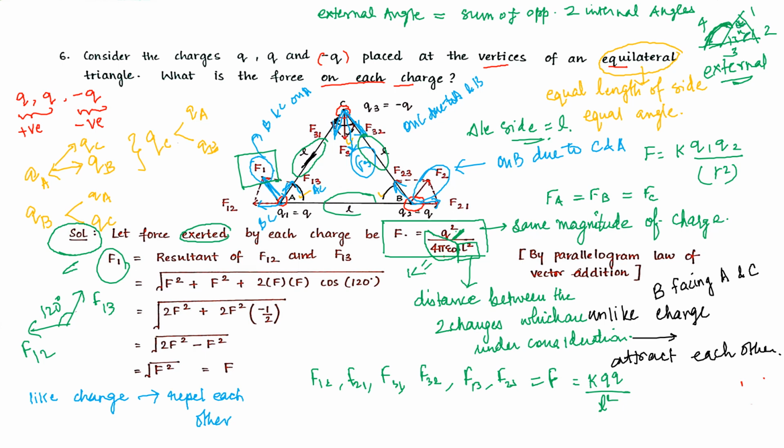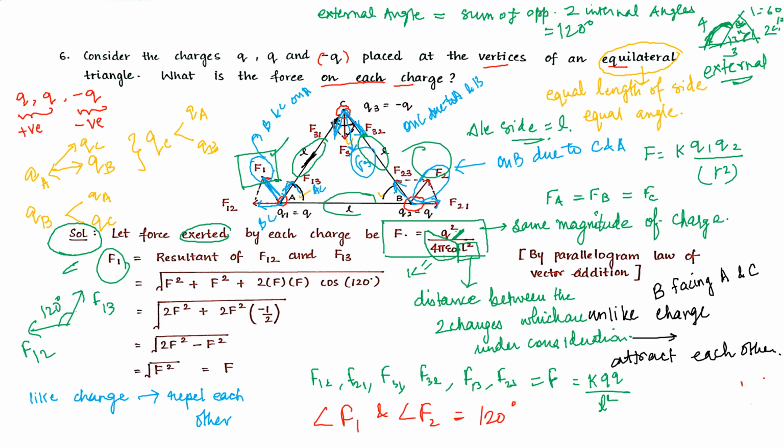In an equilateral triangle, what is the angle made? It is 60 degrees. So this is also 60 degrees, this is also 60 degrees. 60 plus 60, how much is it? It is 120 degrees. So the angle made for F1 is 120 degrees, the angle made for F2 is also 120 degrees. See the bottom of the slide: angle for F1 and angle for F2 equals 120 degrees.